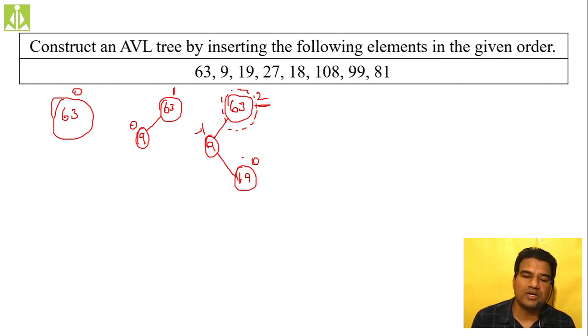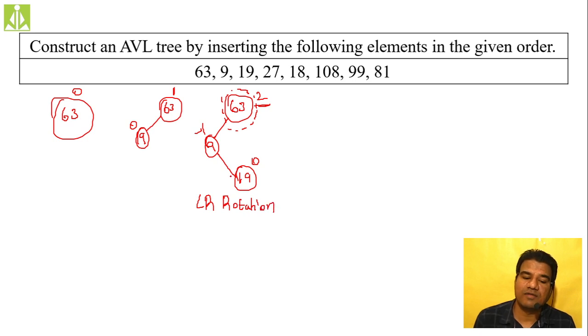So how did 19 get inserted relative to this critical node? We only have to check the critical node, not the entire tree. For this critical node, we have inserted 19 into the left subtree, as the right child of it: left, right. So LR rotation I have to perform.